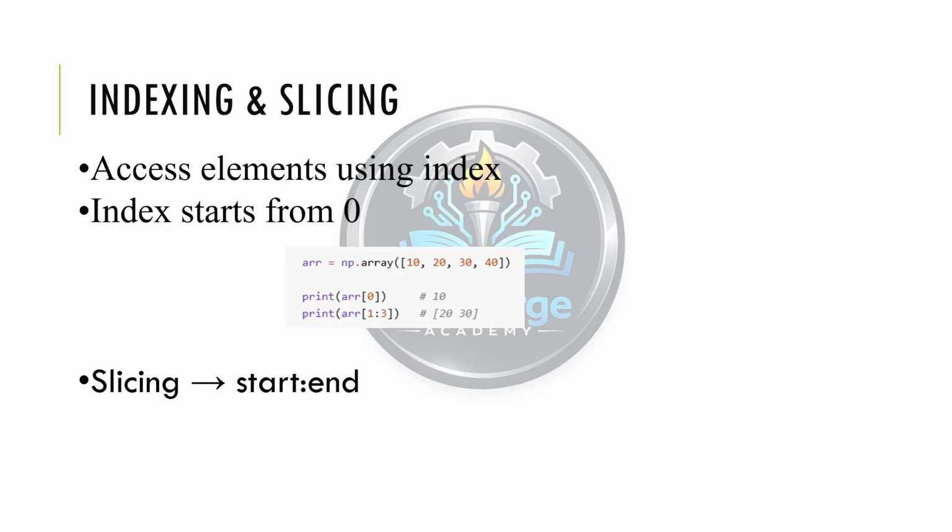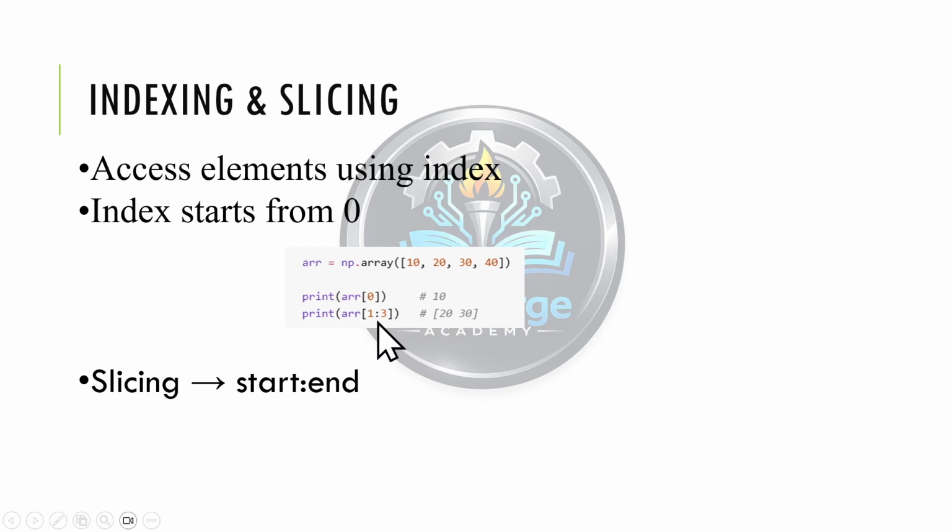Second, we have indexing and slicing. Just like a Python list, a NumPy array also uses indexing, and indexing starts from 0. So if we write array[0], it means the first element, with indices 0, 1, 2, 3. So array[0] will be 10. Similarly we use slicing.